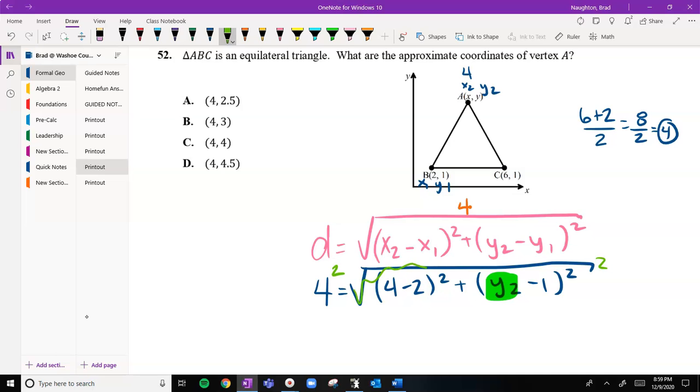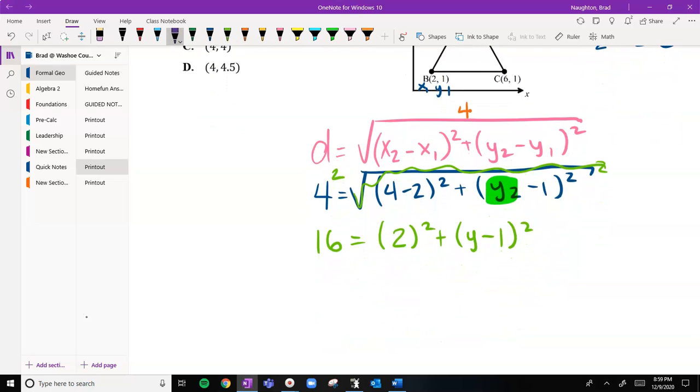So this square root is going to cancel, and so I'm going to get 16 is equal to 4 minus 2, which is 2 squared, plus y minus 1 squared. I might as well just call it y, since that's what I'm looking for, to make my life a little bit easier. So that's going to give me 4. So we have 4 plus y minus 1 squared. So I'm going to move this over and I'm going to get 12.